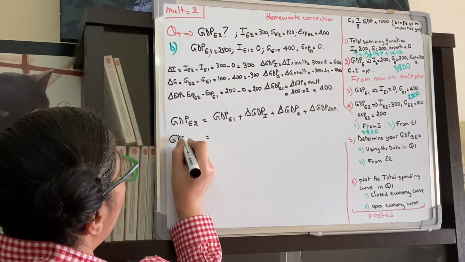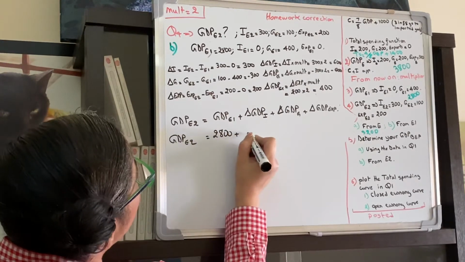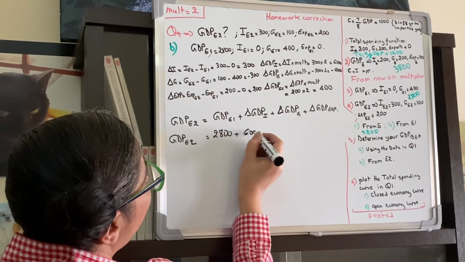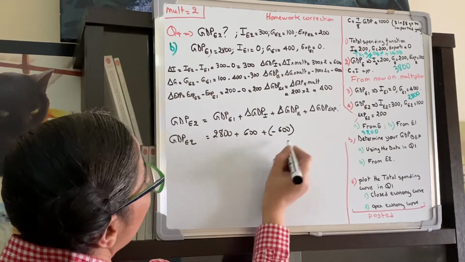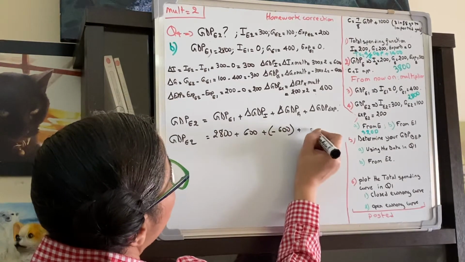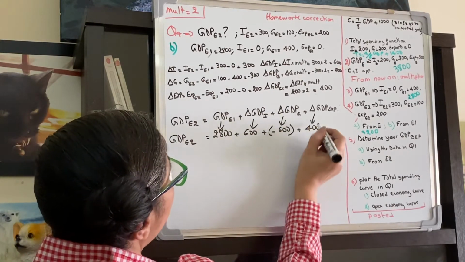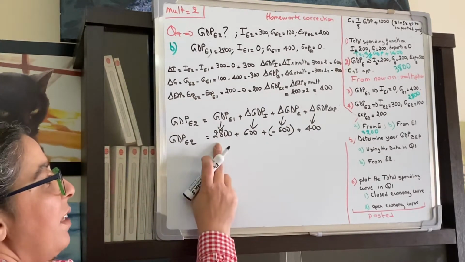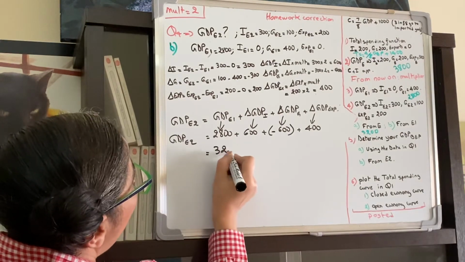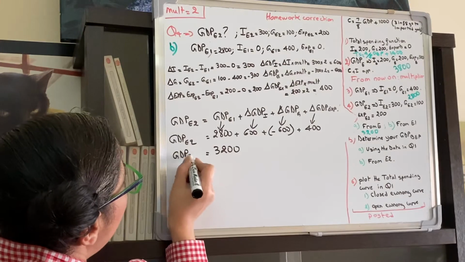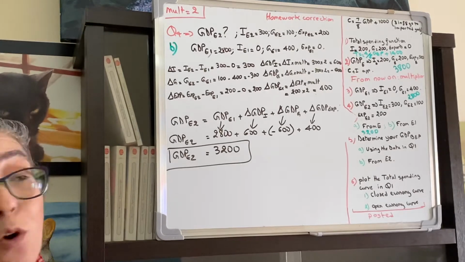So GDP E2 is equal to 2,800 plus delta GDP I, 600, plus delta GDP G, negative 600. So these are going to offset, plus delta GDP exports, 400. And it's going to give me 2,800 plus 400, 3,200. GDP E2, I found the same number, which means I didn't make a mistake, or I made a mistake in both.